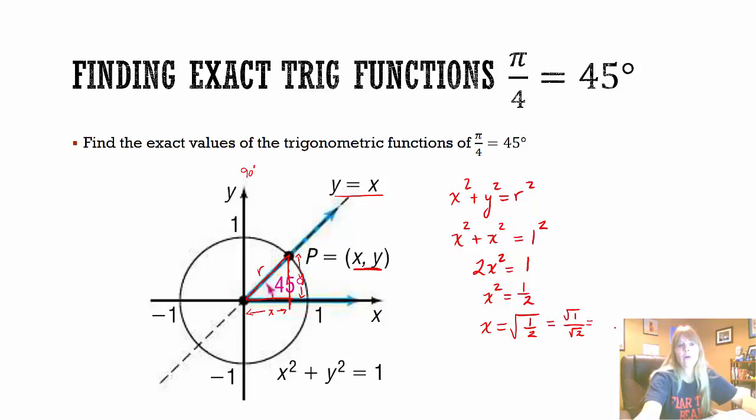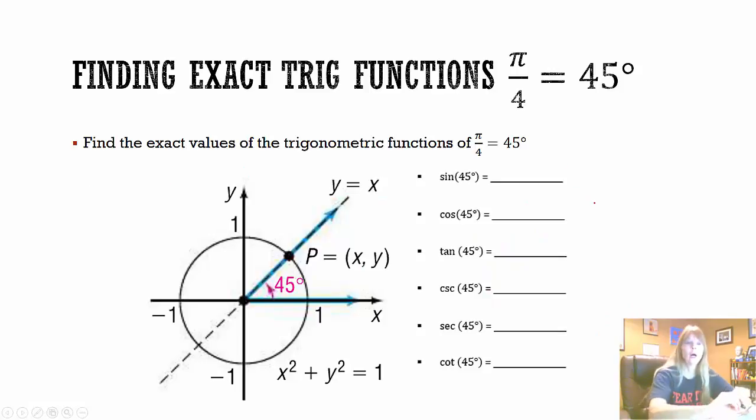The square root of 1 is just 1. And then I rationalize the denominator. So I get x equals the square root of 2 over 2. And we said y is the same thing.